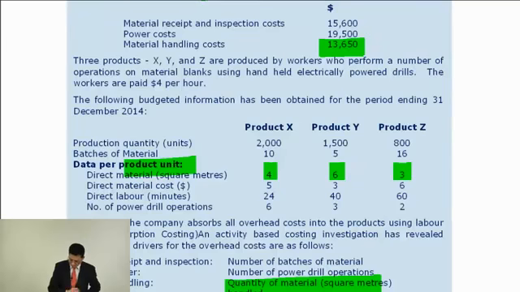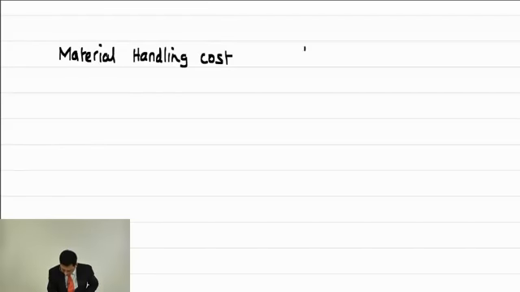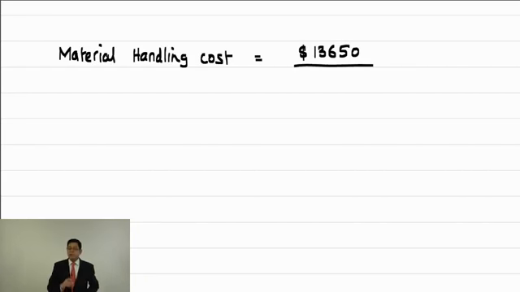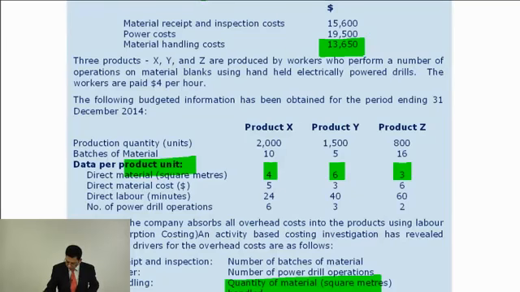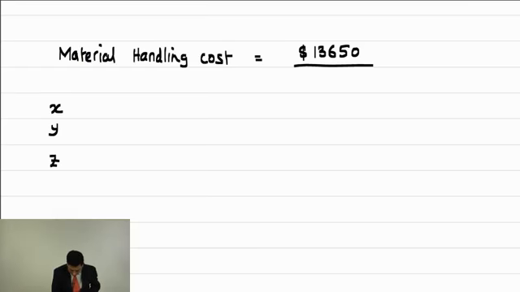Material handling cost, 13,650, divided by number of materials handled for the year. So for X, Y and Z, we are given the materials 4, 6 and 3.